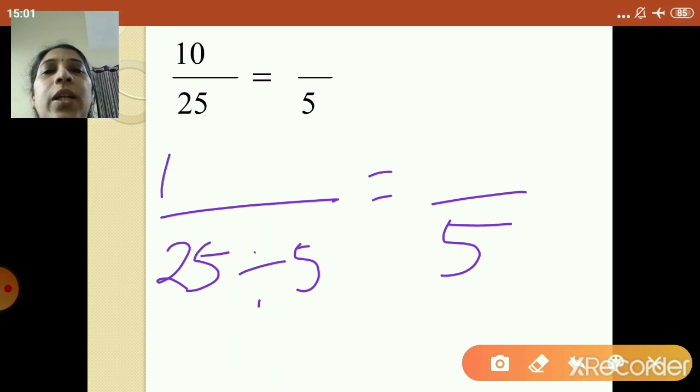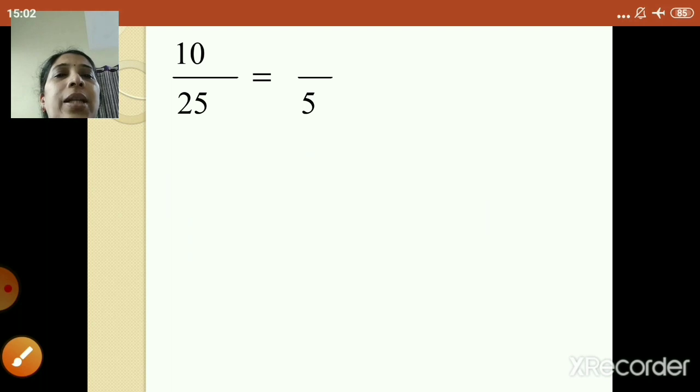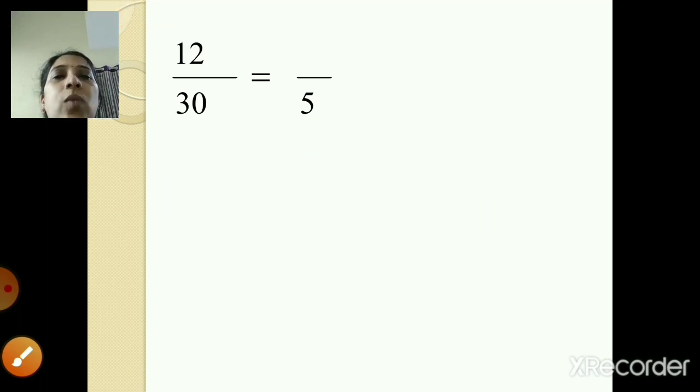So numerator also, it is 10. I will divide it by 5. What answer do you get? 2. So again you get the answer as 2 upon 5. So 10 upon 25 is equal to 2 upon 5. That is your answer.